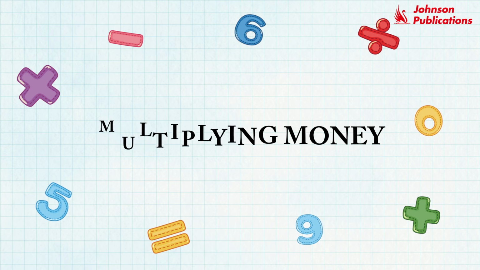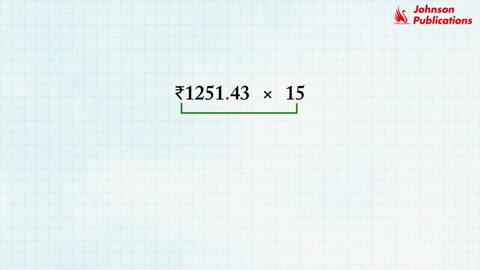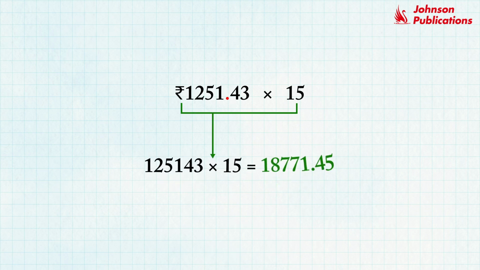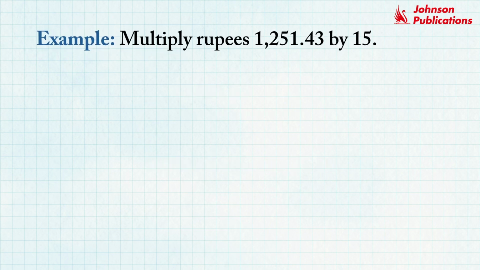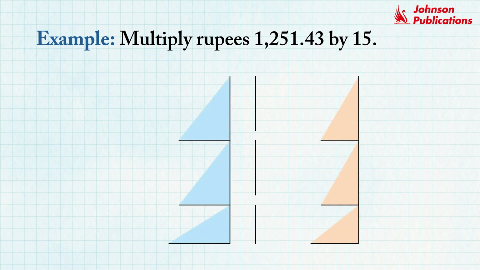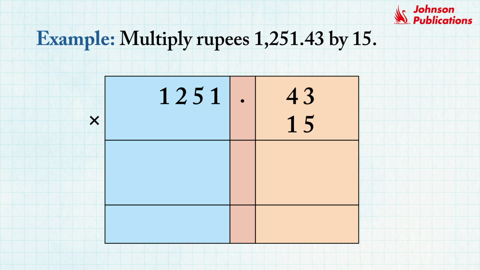Multiplying money. We can multiply money by removing the dot in the usual manner and putting the dot in the product after two places from the right. Example: multiply rupees 1251.43 by 15. Place the numbers in the columns as shown here.